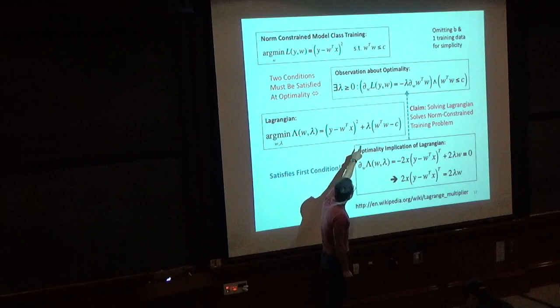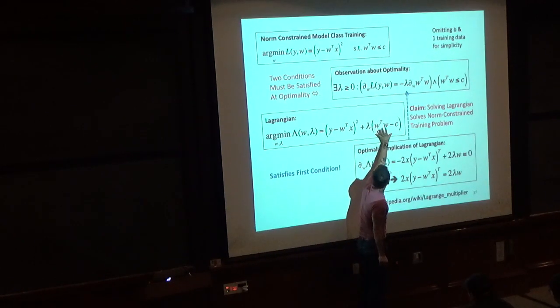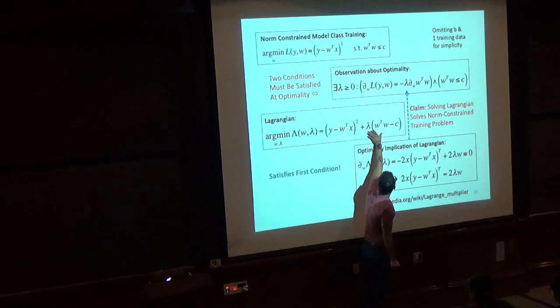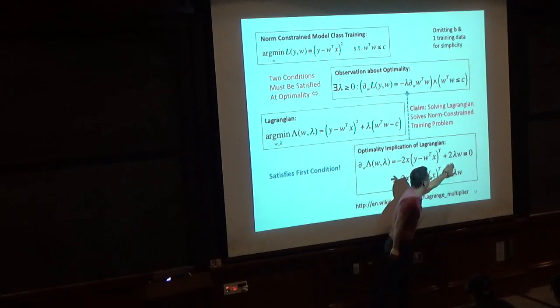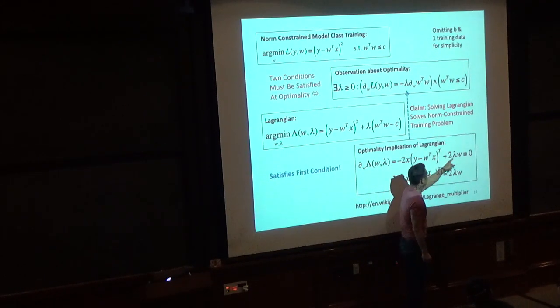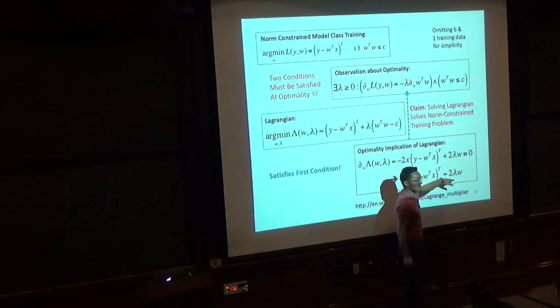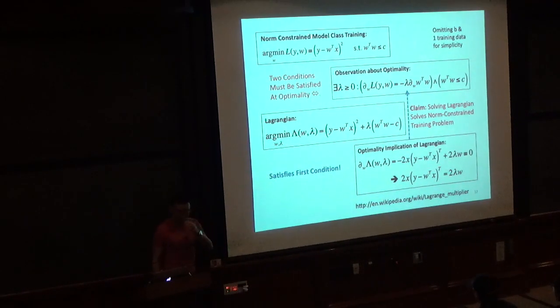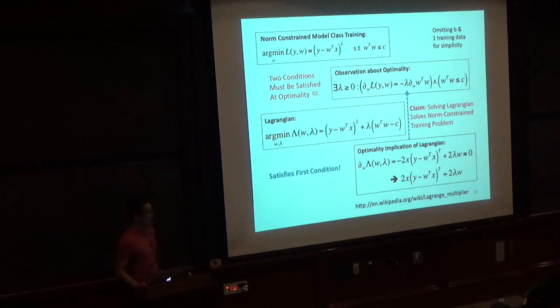And if you apply the gradient with respect to W of this term, well, first of all, W doesn't appear here, so this part disappears. It's just 2W times lambda. Then I shift things around: I move this over here and negate the whole thing, and I get this equality. This is just a vector calculus way of deriving this.